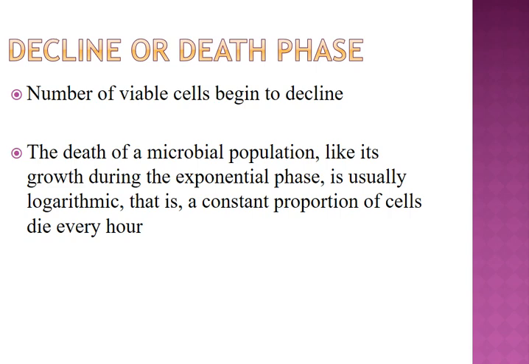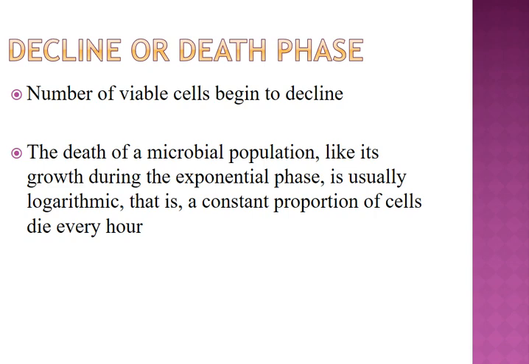Here the number of cells dying is much more than the number of cells growing, because nutrients have been completely depleted. Another reason is accumulation of autolytic products; the cell causes lysis of itself. There may be a number of reasons. The conditions become more and more unfavorable for bacterial growth. So the number of viable cells begins to decline during death phase.